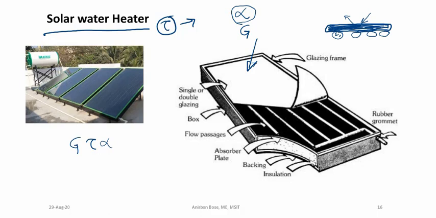So the total energy absorbed in the black coated plate is this much, and this much energy is utilized to heat up the water through the tubes, and that is by convection. Since the liquid is involved, it is a convection process.